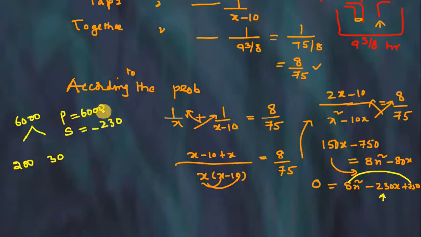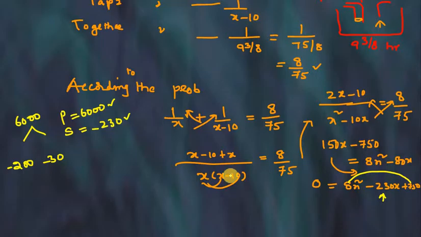The product is 6000. If I take both minus into minus plus, it is 6000. Yes, the first condition is okay. The second condition, minus 200 and minus 30, so 230. So these are the pair of factors that will satisfy the given quadratic equation.